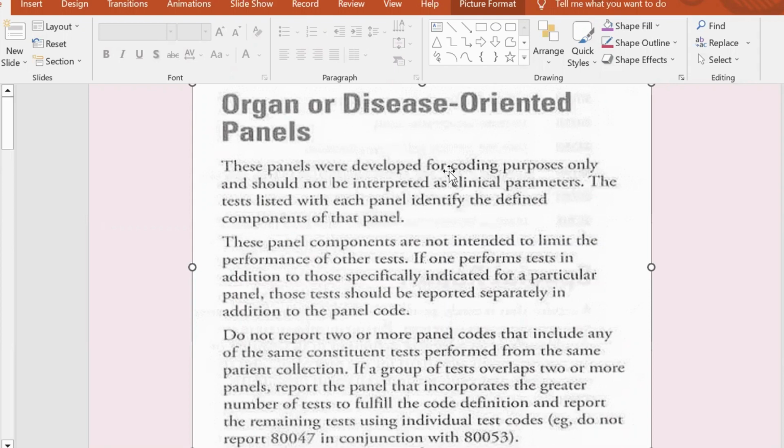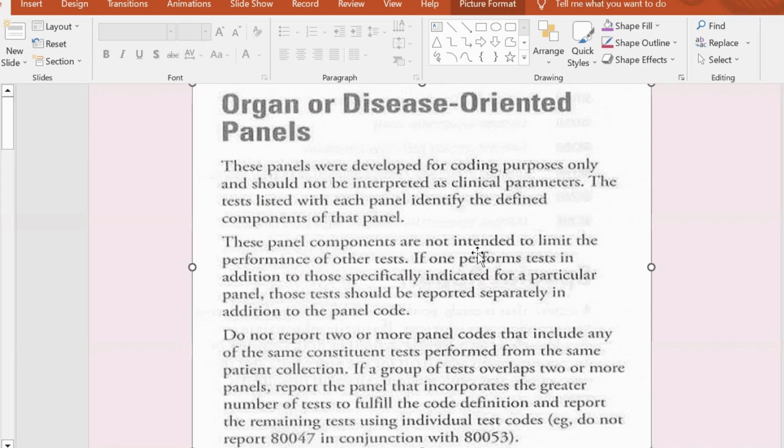So a panel consists of a group of laboratory tests classified or arranged for coding purposes only, and we cannot consider them as clinical parameters.